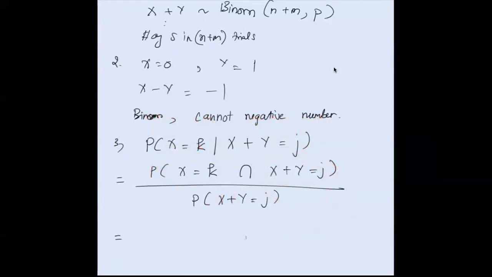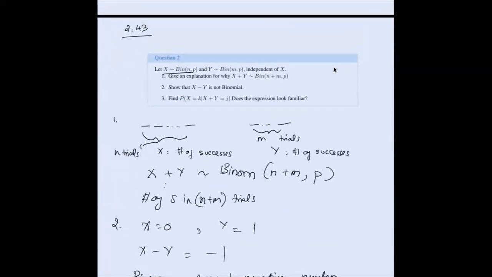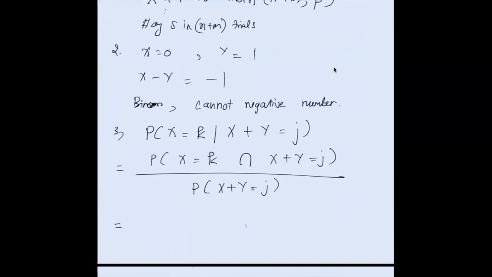So what will we do about that? The question says that x and y are independent random variables. So instead of writing it as x and x plus y, we can change it and somehow write it as something x and then something y, right? Then in that case, you will have them multiplied together.